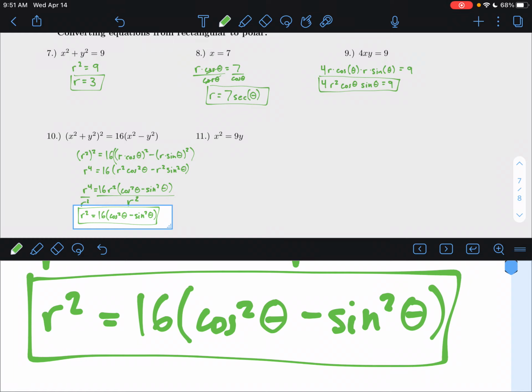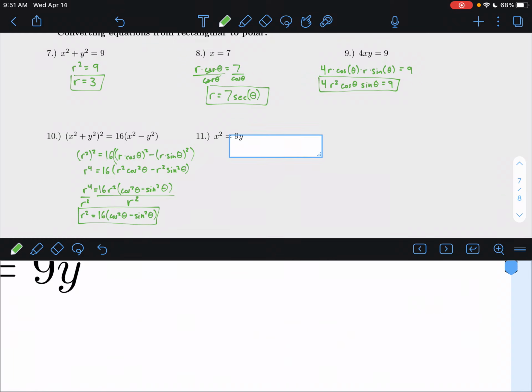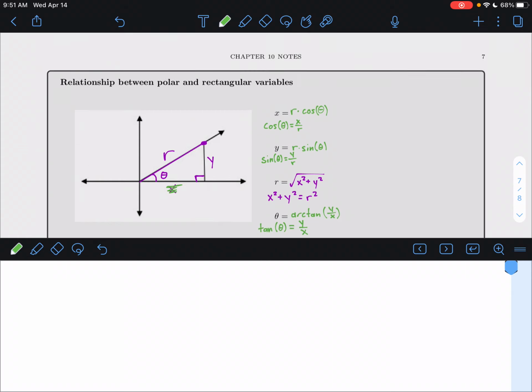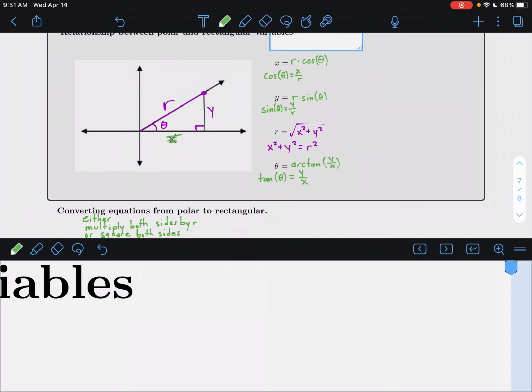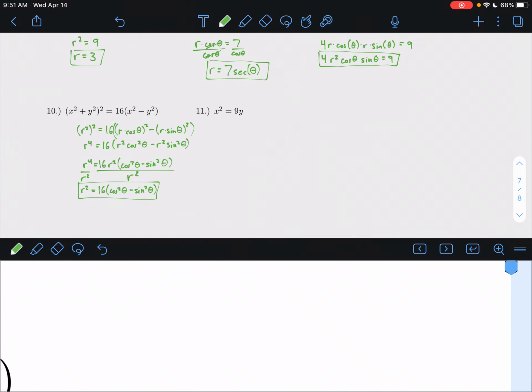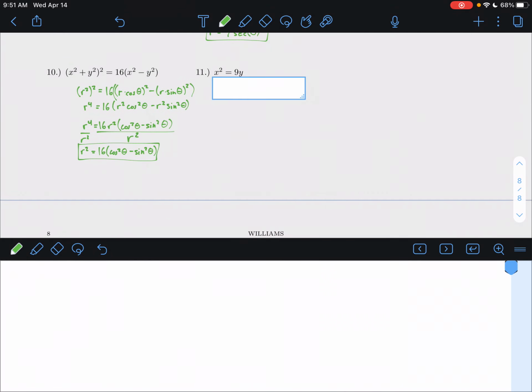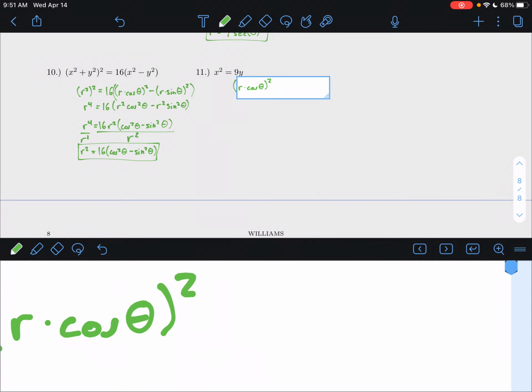Okay, and the last one here. I have x squared equals 9y. So x squared is r times the cosine of theta, squared, equals 9y, so 9 times r times the sine of theta.